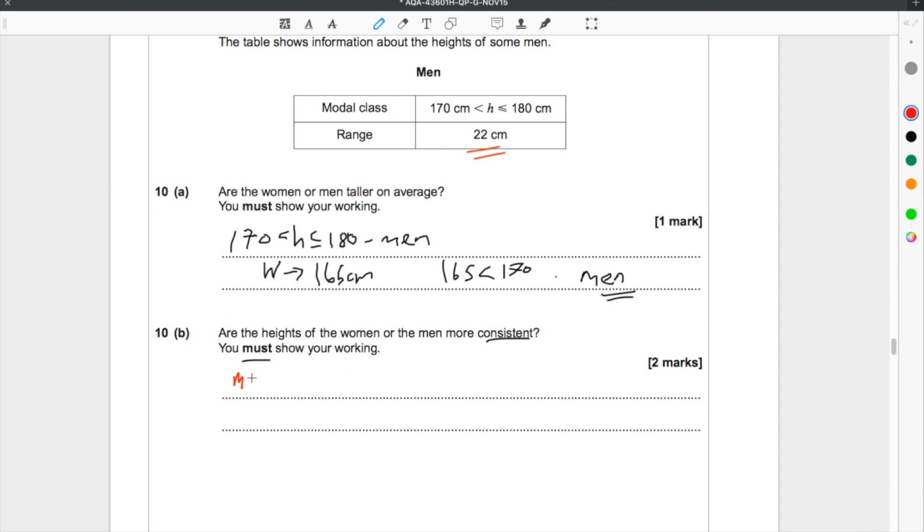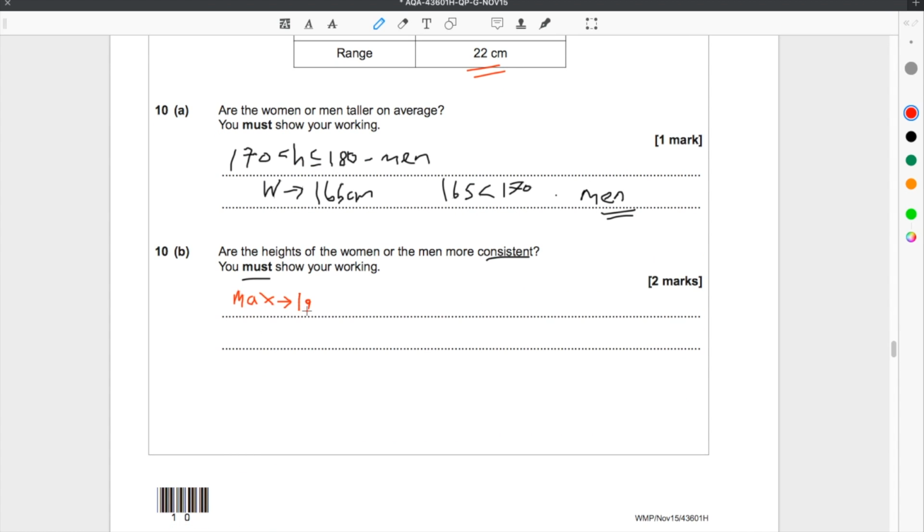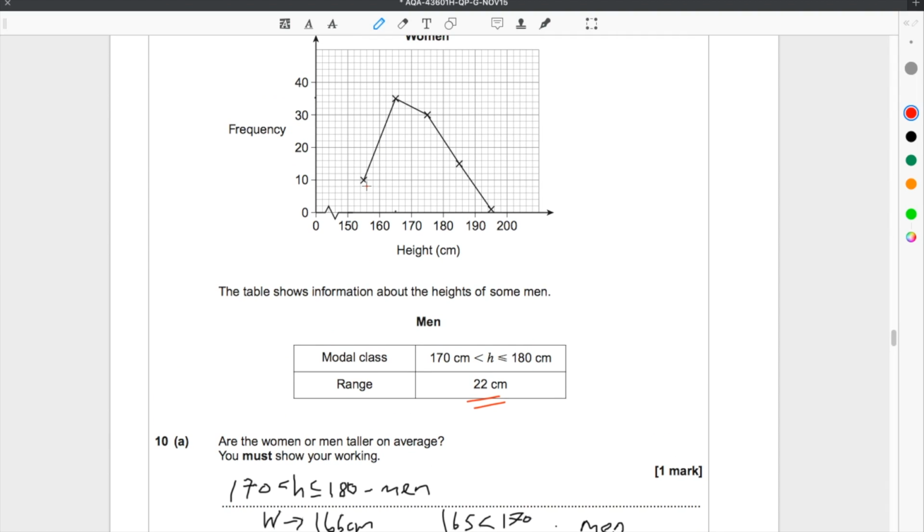So max value is 195. And that's for women. Min, so the minimum value on the graph is here. It's 155 centimetres if we draw a line down from here.